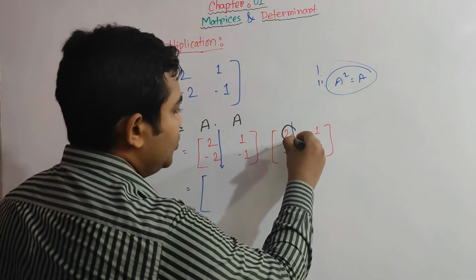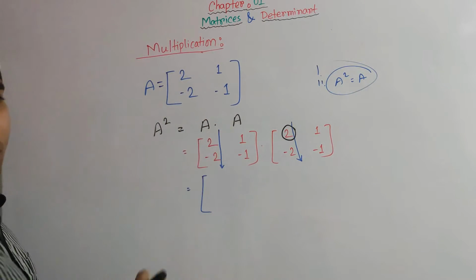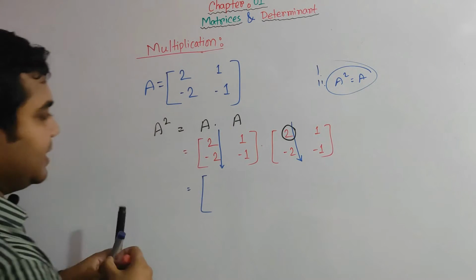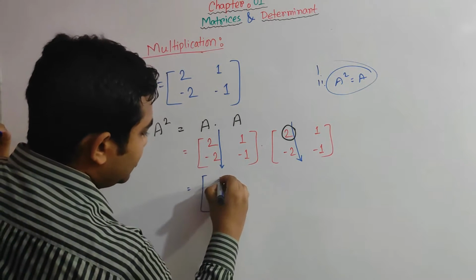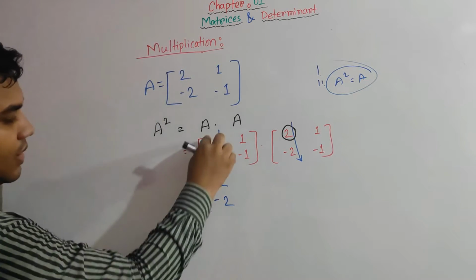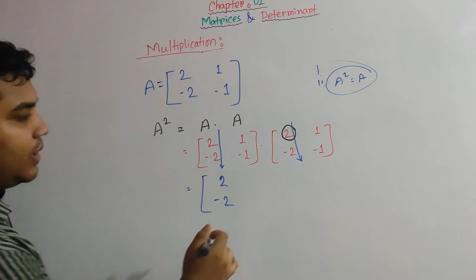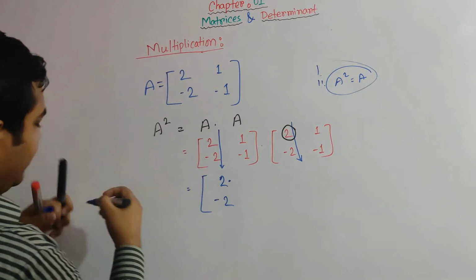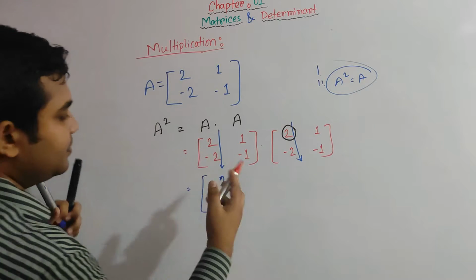That means 2 should be multiplied with the ith column. So directly we can write it here, the 2, minus 2. Just write the first column as usual, then multiply it with 2.